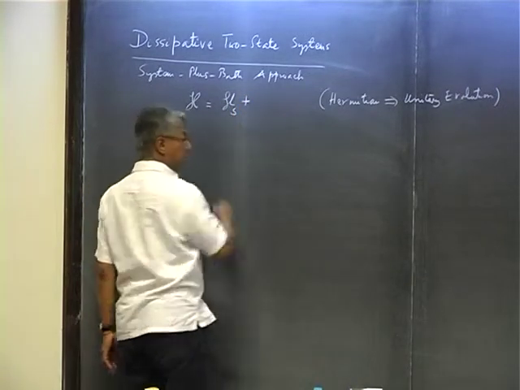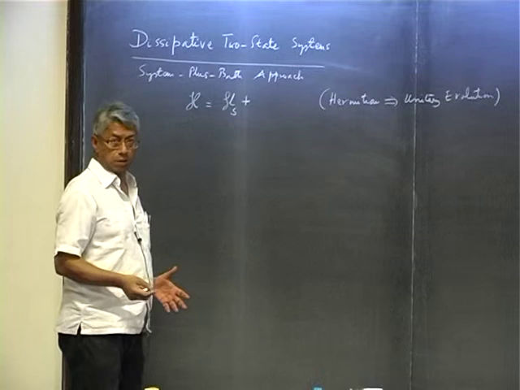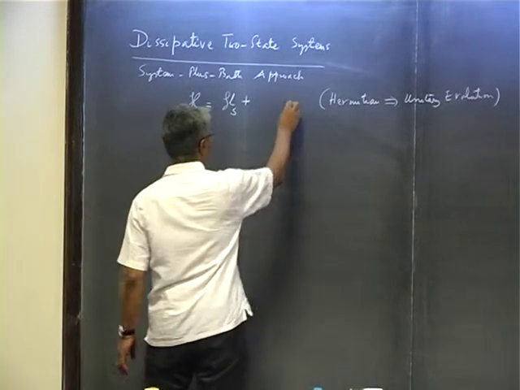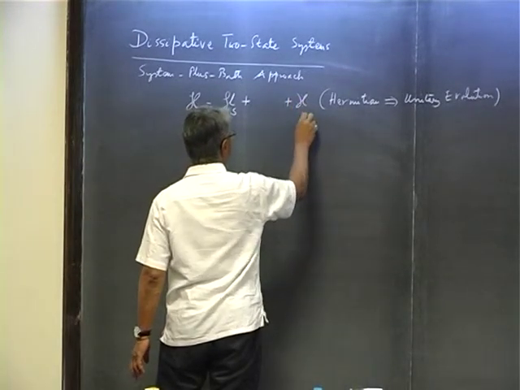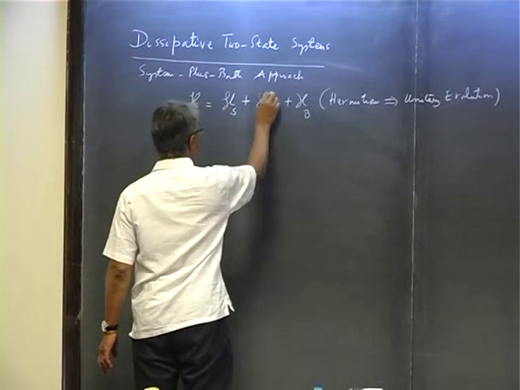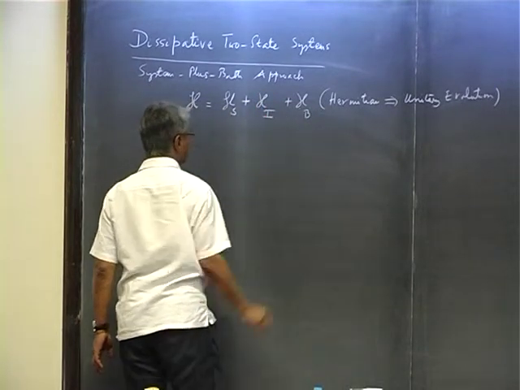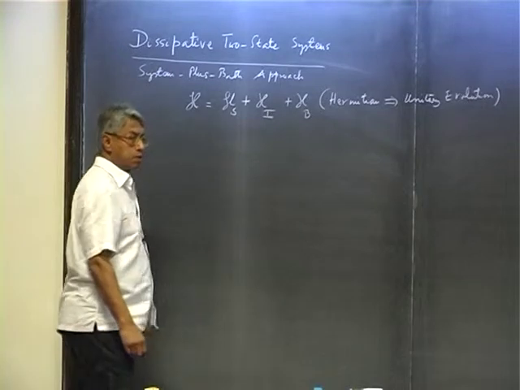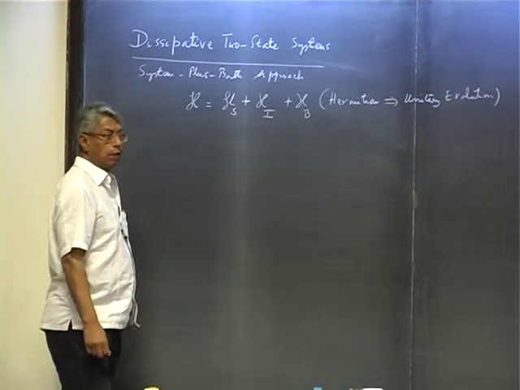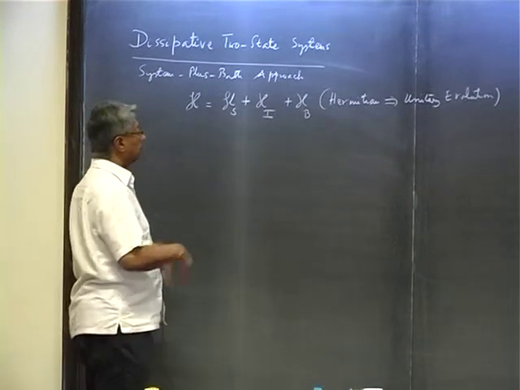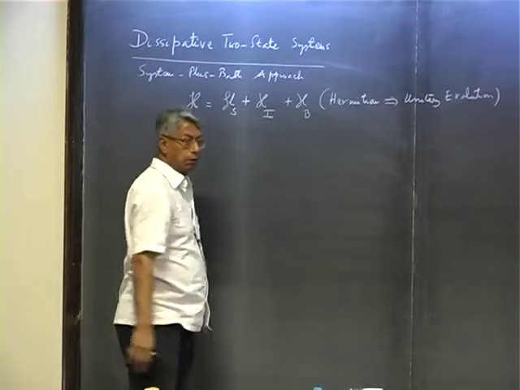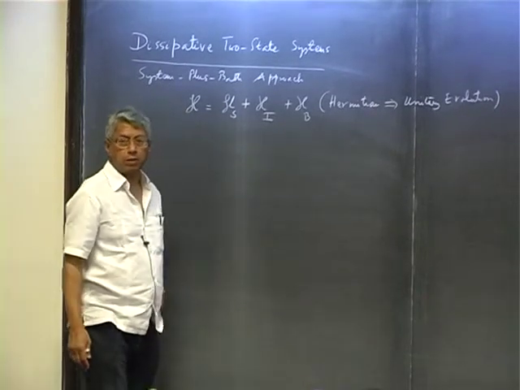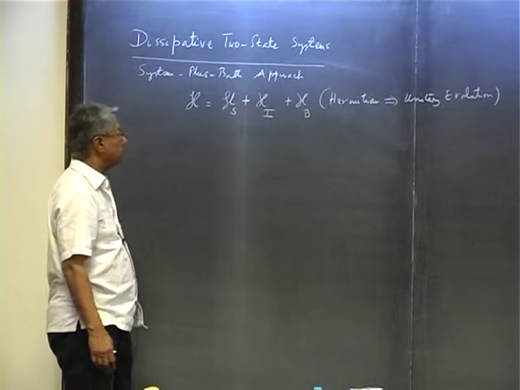A part which deals with the Hilbert space of the system alone, then a part which deals with the bath alone, and then you have a coupling term or interaction term. So this is a generic situation, and our whole idea is to average over the bath to discover properties for the subsystem or the system of interest.